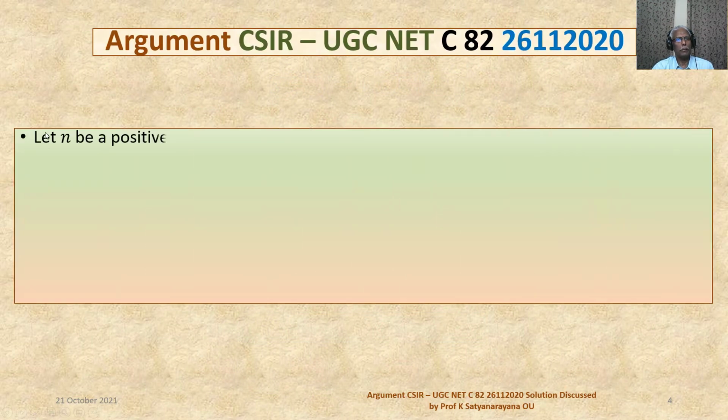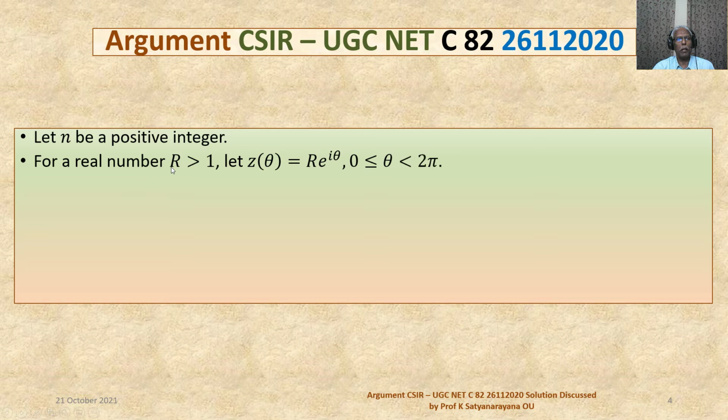The problem is: let n be a positive integer. For a real number r greater than 1, let z(theta) = r e^(i theta), 0 ≤ theta < 2π.